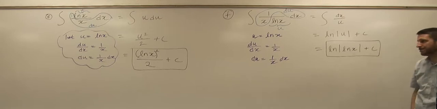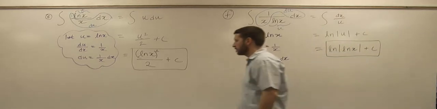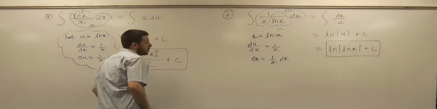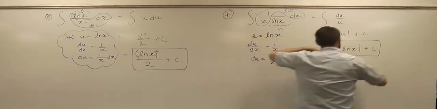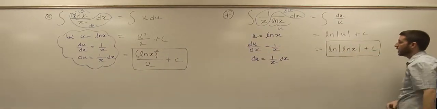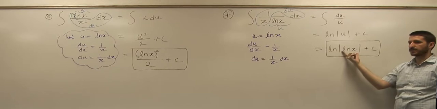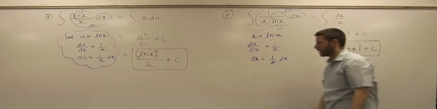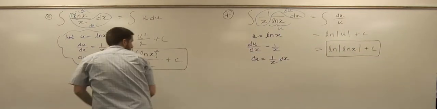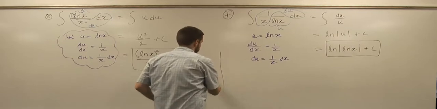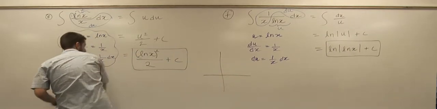I guess they are. Even though x can only be positive, ln of x can still be negative. If you think about the graph of ln x, it looks like this.